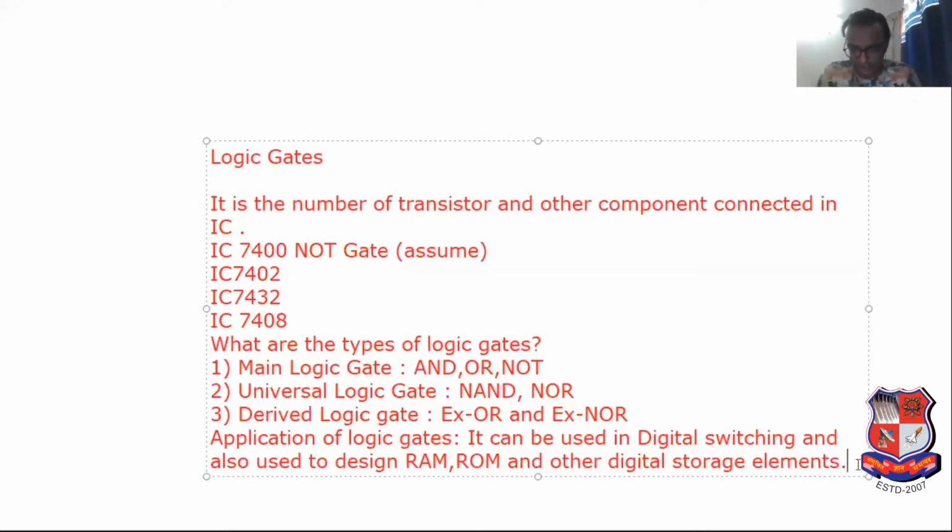So it is the application of logic gate that I have mentioned here. Carefully see this.